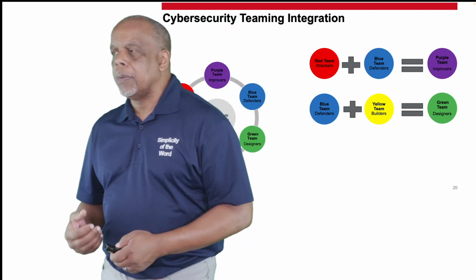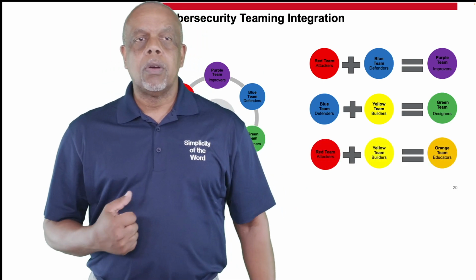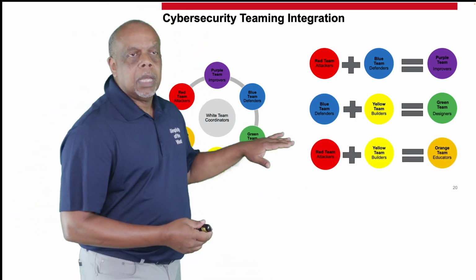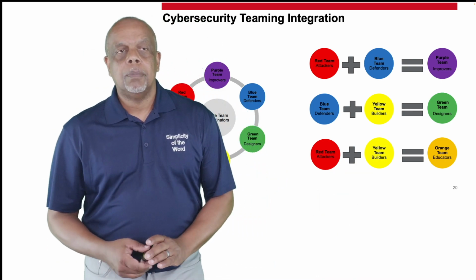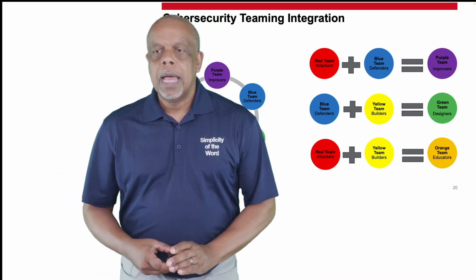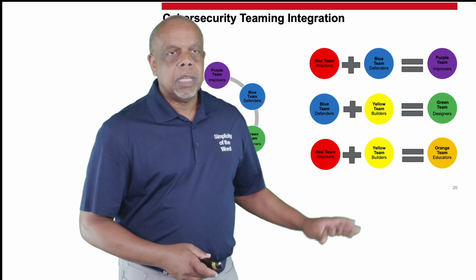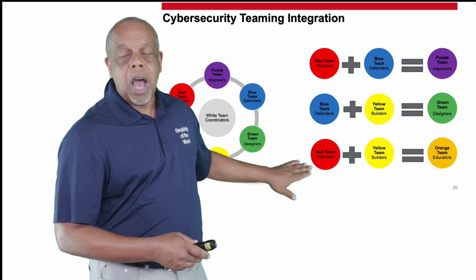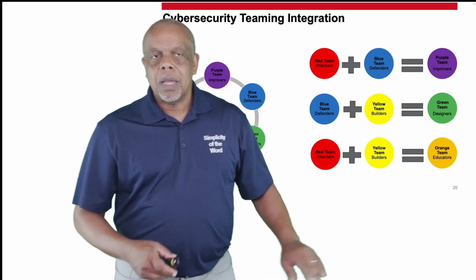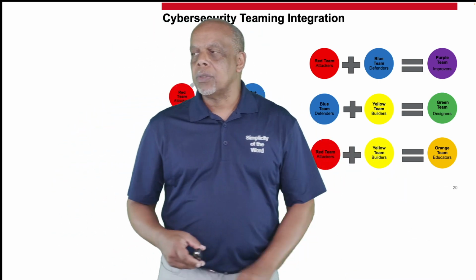All right, what other colors can we mix here? Oh, yes. How do we get orange? Those educators. Yes. By adding our attack team with the blue team. So if I'm going to train, I need to know what the offensive side is. So now if I get my coders working with offensive cyber, now I know how to start training those guys.